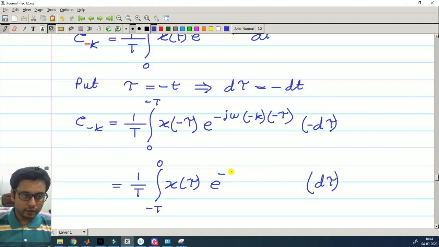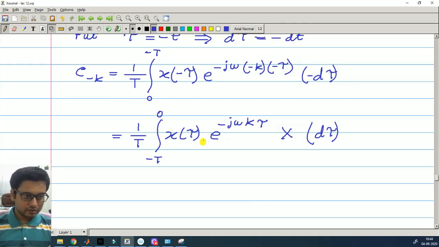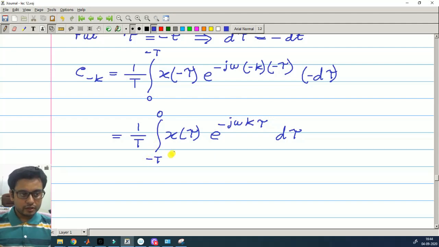Then e to the power minus j omega minus k minus tau will become plus k tau. Or let me write it nicely. Now you see that this is nothing but c k, because we have, or you can write one more step.